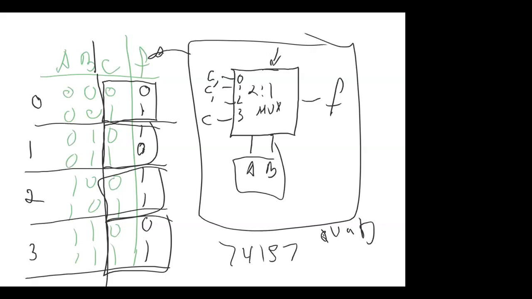Want to do another? I think we should. Let's do one more. Suppose I start with a truth table, ABC, 0, 0, 0, 1, 0, 1, 0, 0, 1, 1, 1, 0, 0, 1, 0, 1, 1, 1, 0, 1, 1, 1. Let's make up a function. 0, 1, 1, 0, 1, 1, 0, 0.